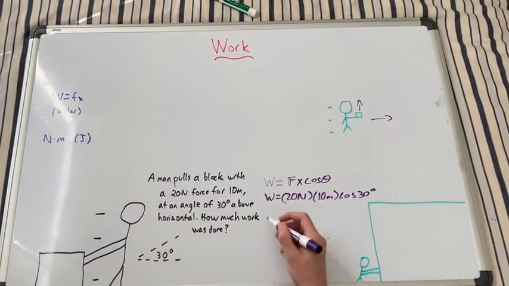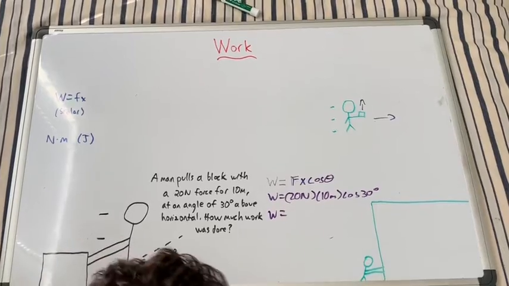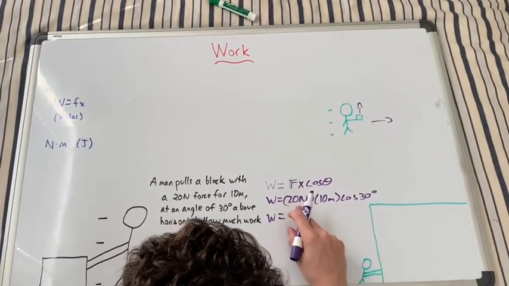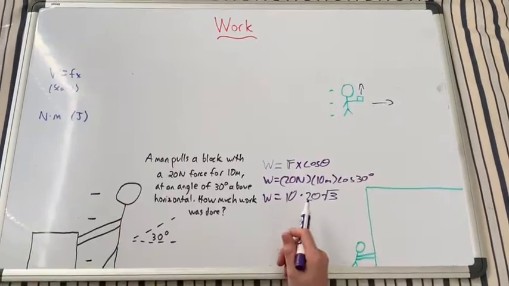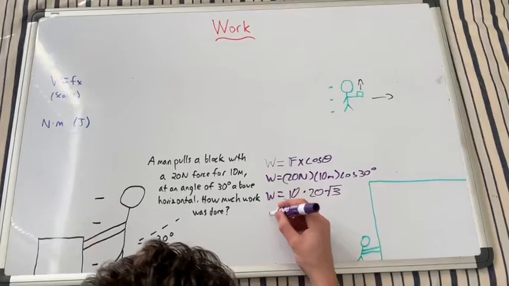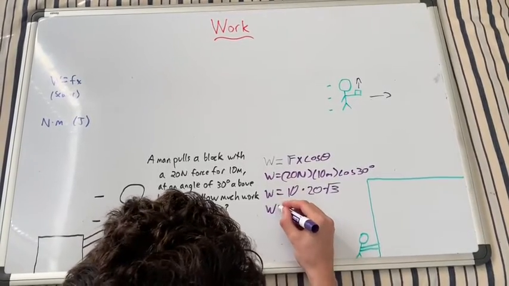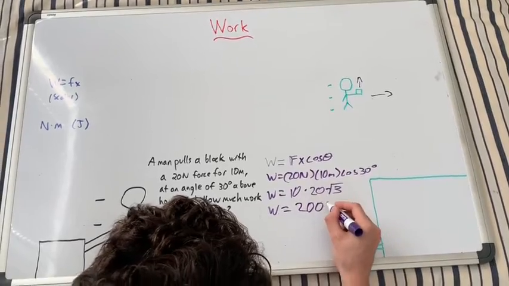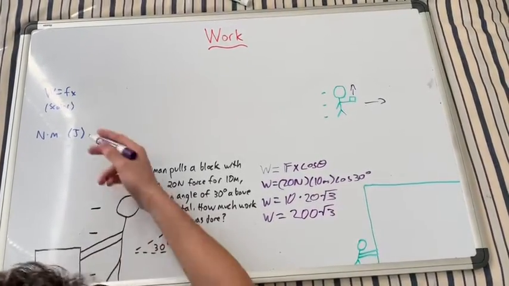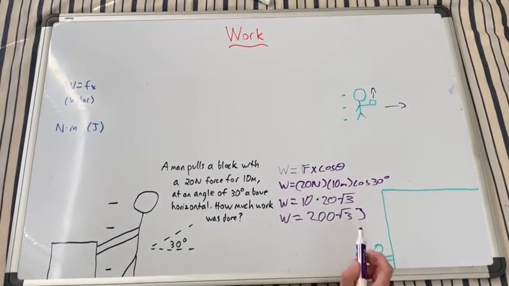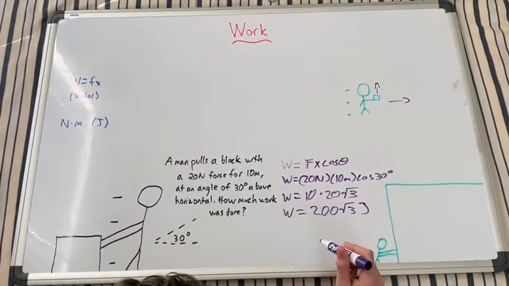And it's going to be 20 cosine 30, and 10 times 20 root 3, we're just going to keep it in exact form. It's going to be 200 root 3, and the unit of work is joules. So the work done is 200 times the square root of 3 joules of work done.